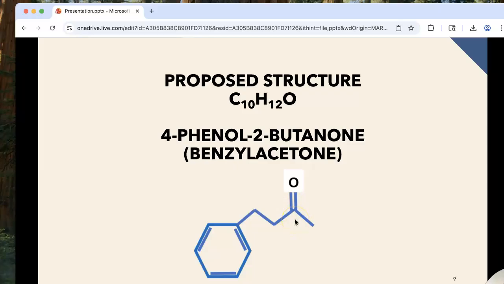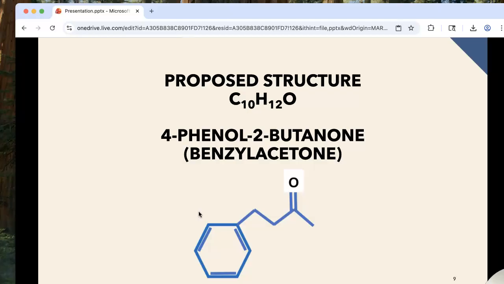And yeah, I think that pretty much covers the whole proposed structure. The different carbon identifications, there's one here, second one, third, fourth, fifth, and then the 6th is these aromatic carbons right here. So that concludes why I came to the conclusion of 4-phenyl-2-butanone.